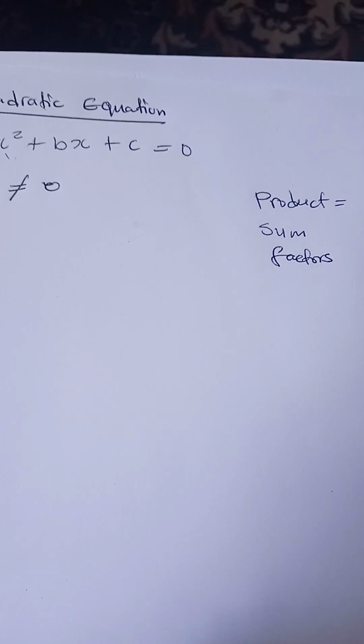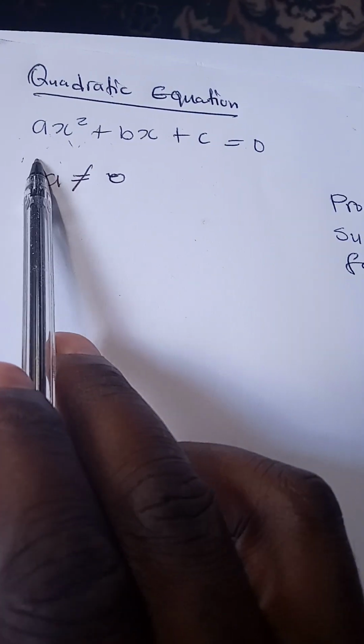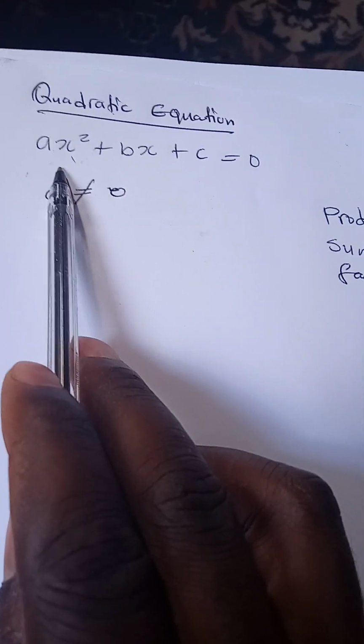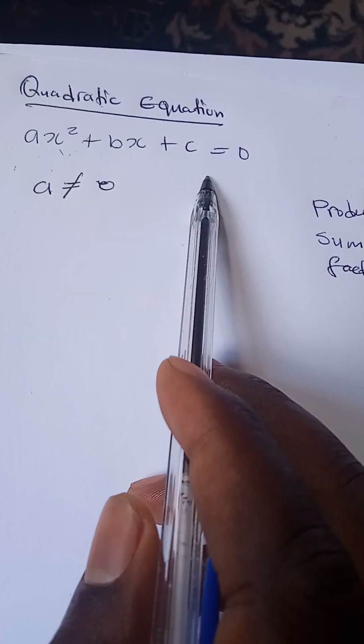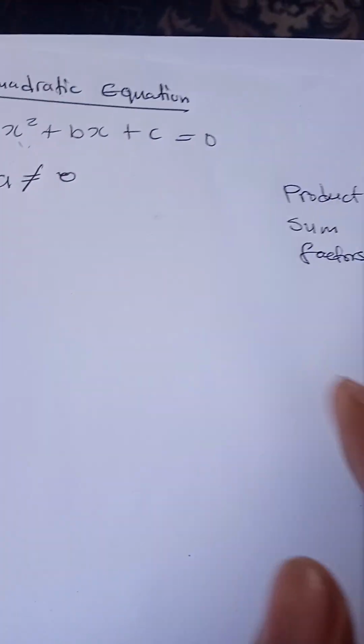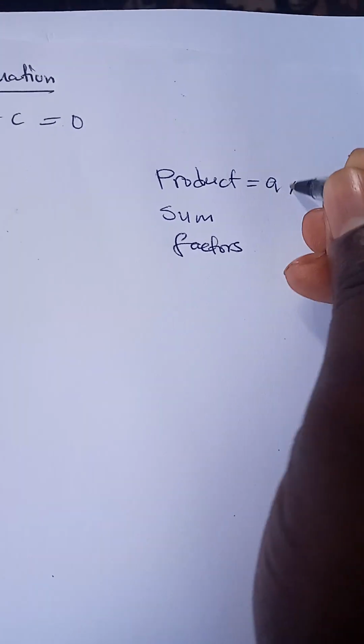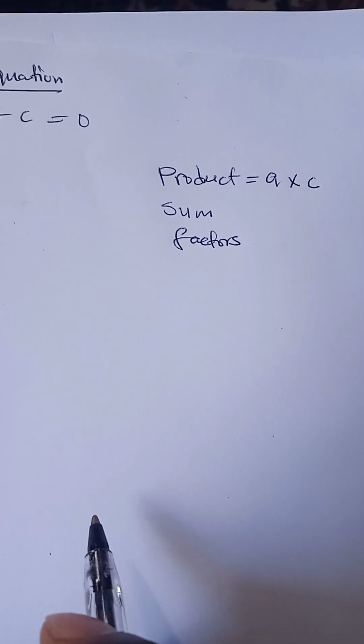So how do we find the product of a quadratic equation? We simply multiply the first number, the number attached to the x squared, times the constant. In this case, it is a times c. A times c is our product.